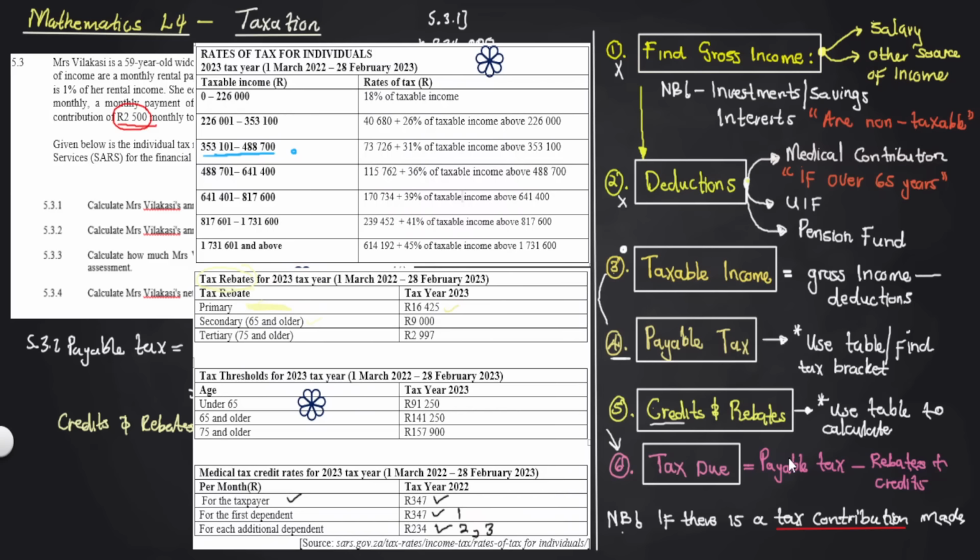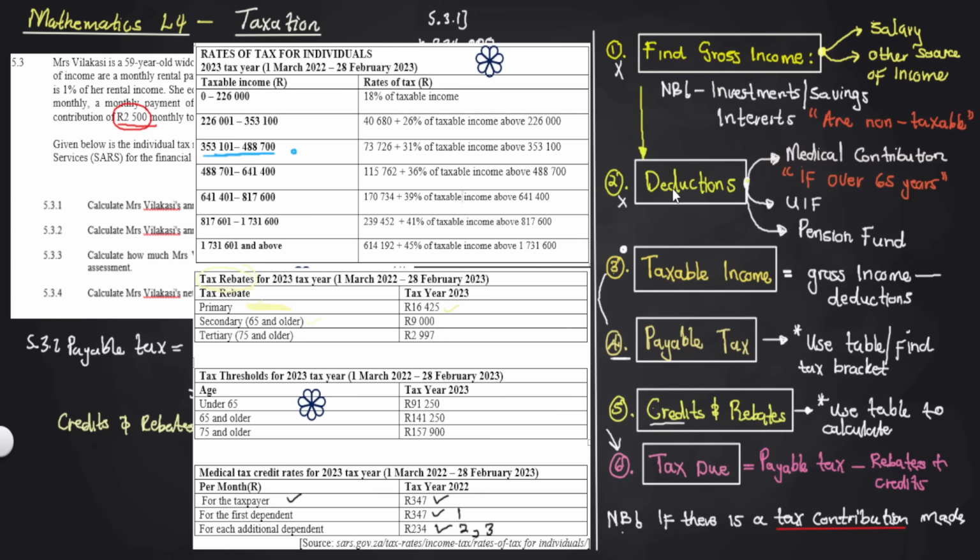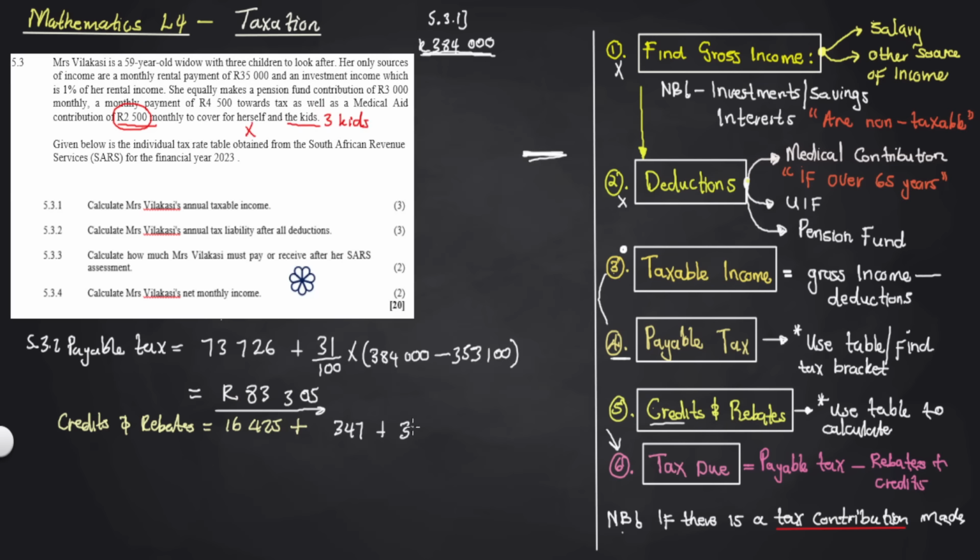To calculate this, I'm just going to go back and say 347. 347 for the taxpayer, plus another 347 for the first child, plus 234 for the second child, plus 234 for the third child, according to that table.